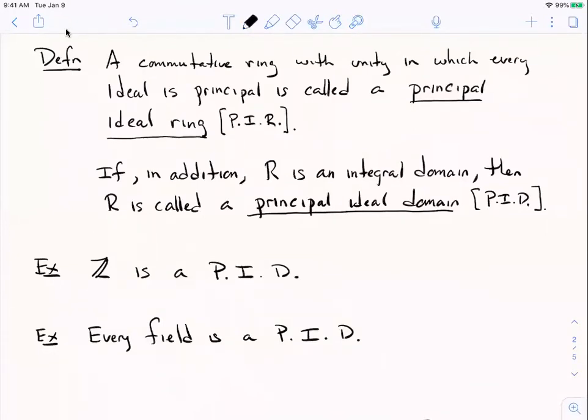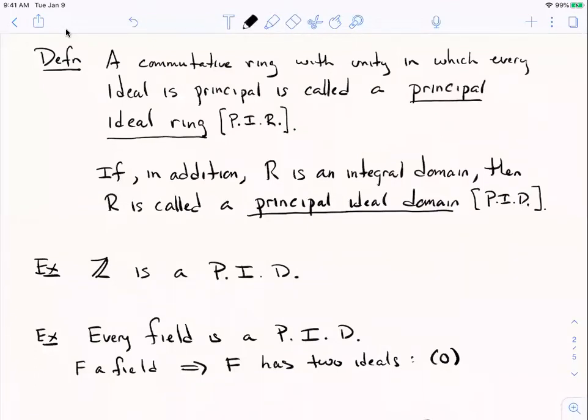As a second example, every field is a principal ideal domain. What did we prove in class or in the previous video lecture? If F is a field, then F has two ideals. Do you remember what they are? One of them is the ideal containing only zero. That's certainly principal. It's generated by zero.